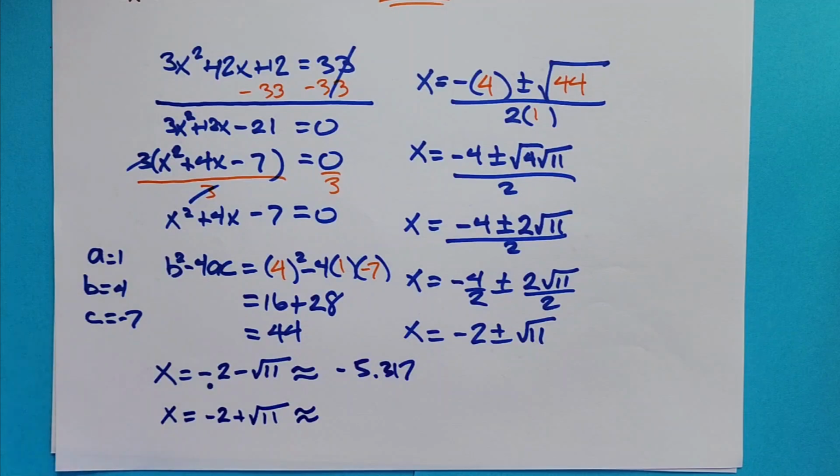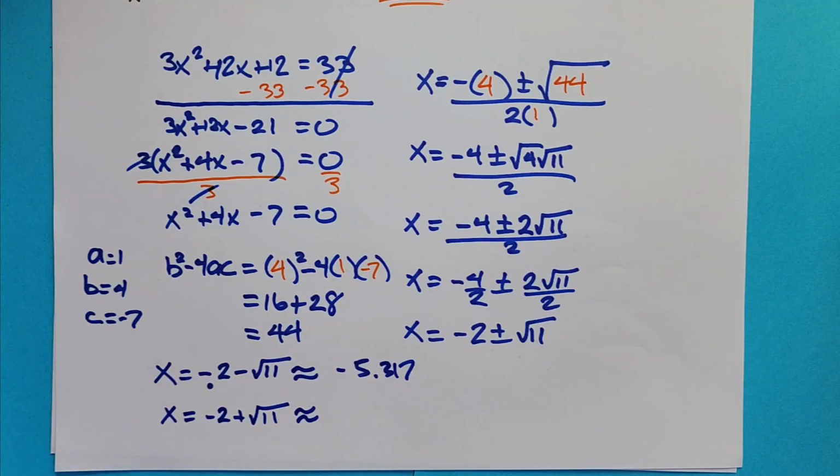Now that one's going to end up being positive. So you will start with the square root of 11. We're following the order of operations here. The square root symbol is also an exponent. So we'll take the square root of 11, you get that 3.317 roughly, and then we'll subtract out the 2, which is like adding a negative 2.